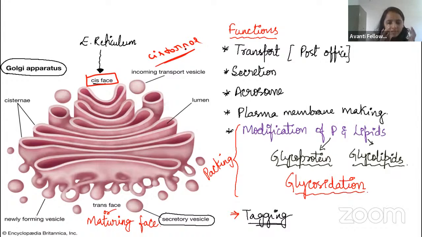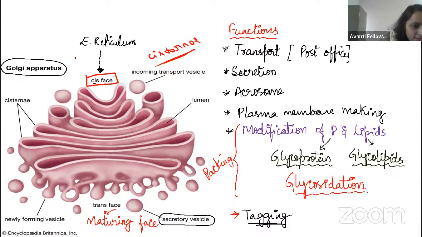Here you can see the tubules of the Golgi apparatus, right? Some of them are located near the endoplasmic reticulum. This face which is nearer to the endoplasmic reticulum, I will call the cis face.